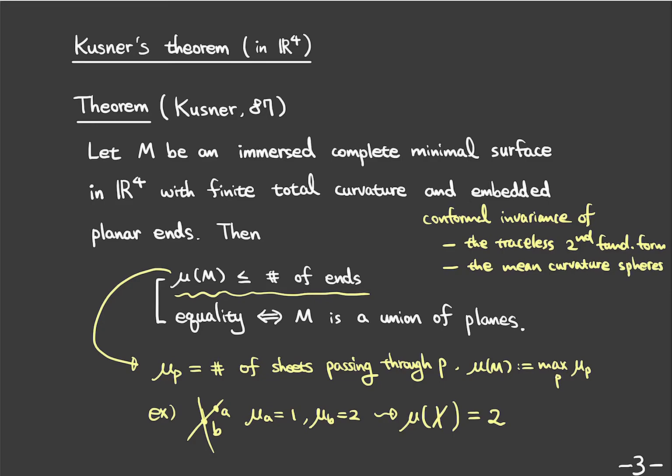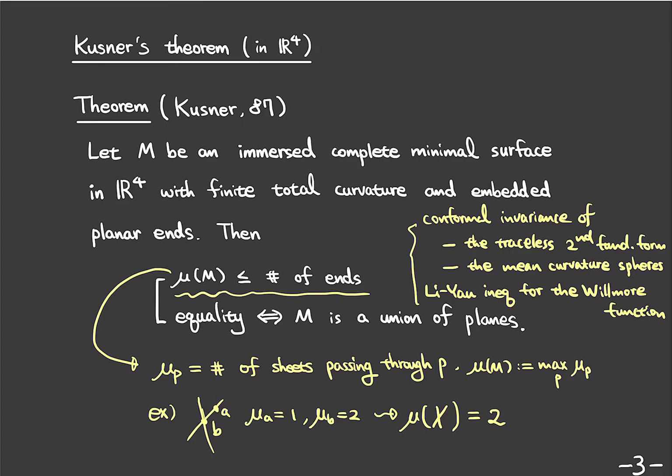And also it uses the Li-Yau inequality for the Willmore function. And now it is easy to see that all these objects still work in R4. For more details, we may refer to Kusner's original paper.